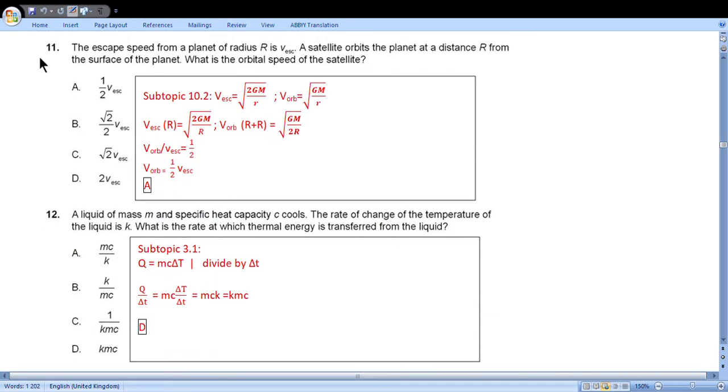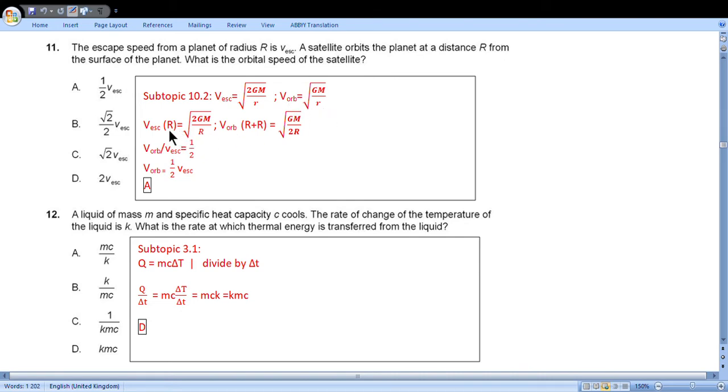Question 11. The escape speed from a planet of radius r is v escape. A satellite orbits the planet at a distance r from the surface of the planet. What is the orbital speed of the satellite? Subtopic 10.2. Escape velocity, orbital velocity, but here is a trick.